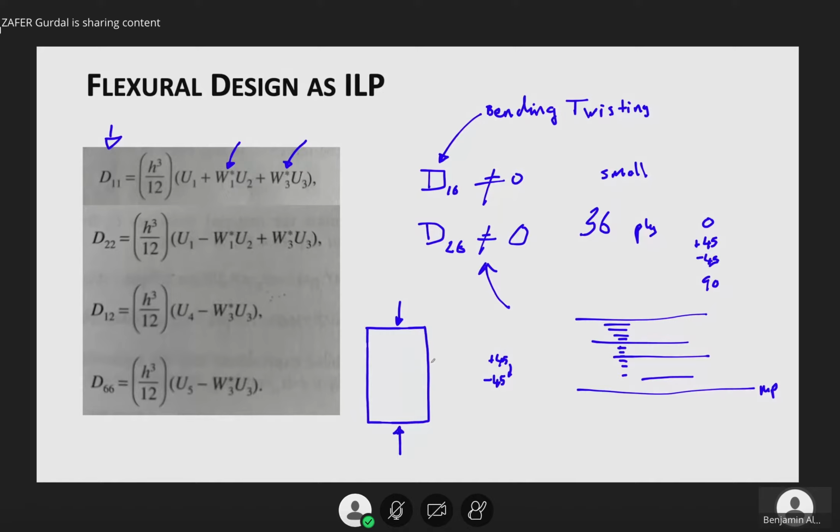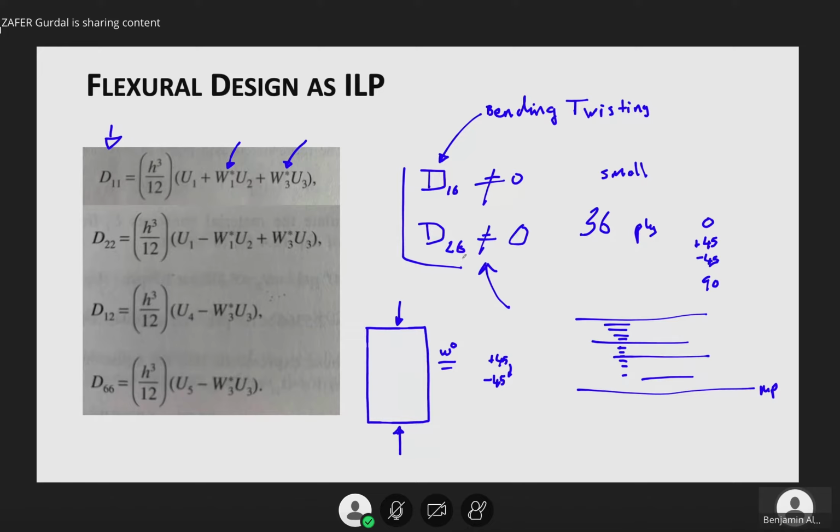As soon as this laminate starts experiencing out-of-plane deformation, w0, it goes into buckling mode, buckling and deforming out of plane. That w is also going to be associated with twisting if these terms are large.